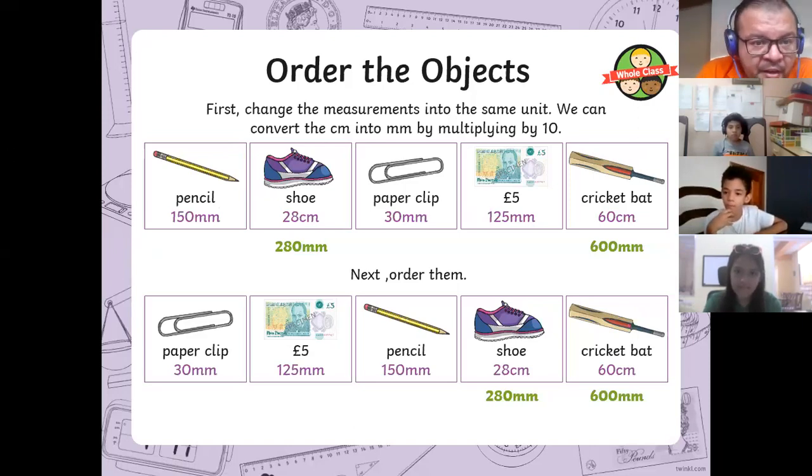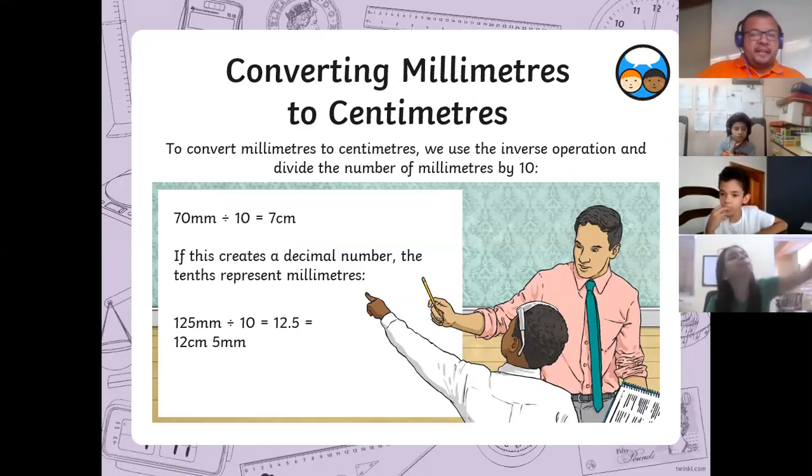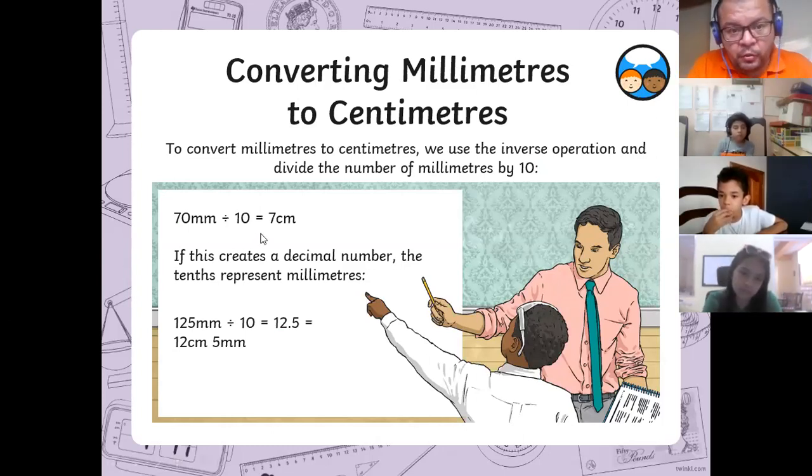I only have here in the pencil 15 centimeters because I divided. That is the meaning of that. If I have 70 millimeters, and each 10 millimeters is 1 centimeter, I have to divide it by 10. So 70 millimeters is equal to 7 centimeters.